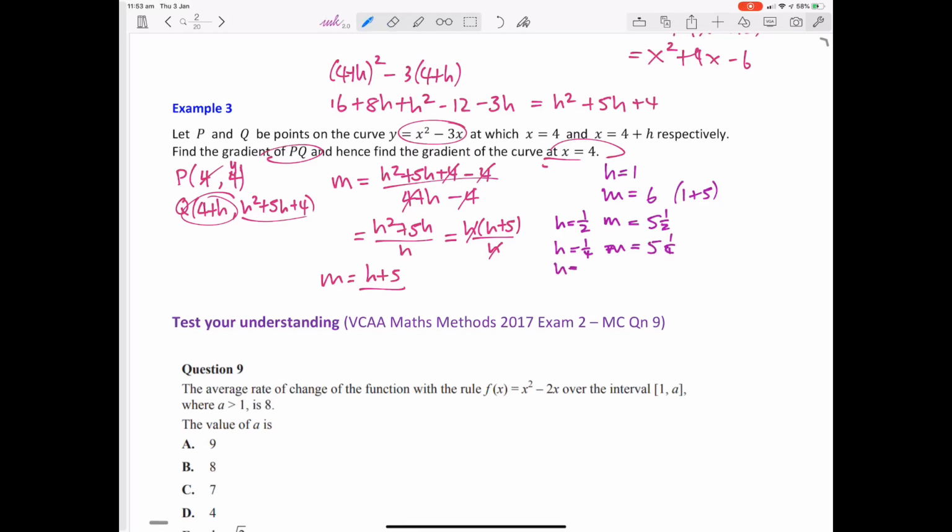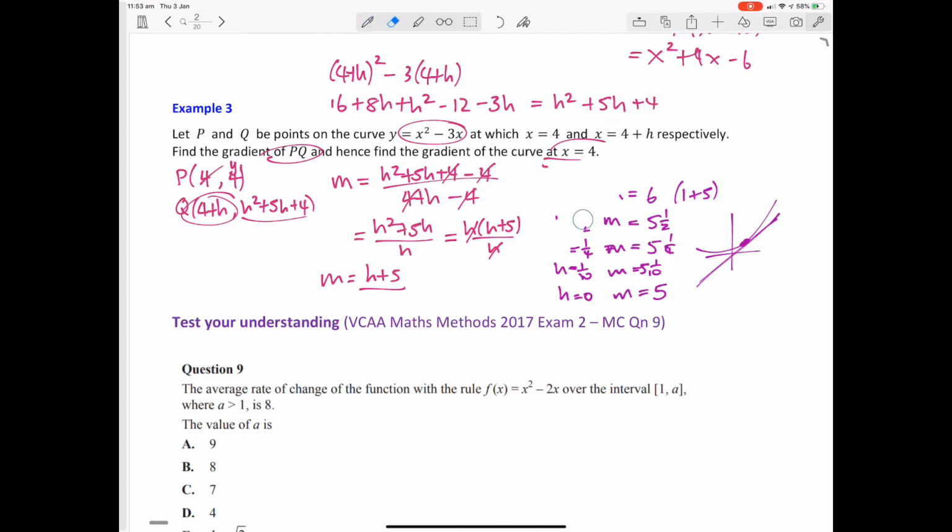If we let h equal a tenth, m is 5 and 1/10. So it's getting closer and closer and closer. Let's let h equal 0. If h equals 0, i.e. the distance between that point and that point is 0, we're going to get the exact gradient, which is 5.